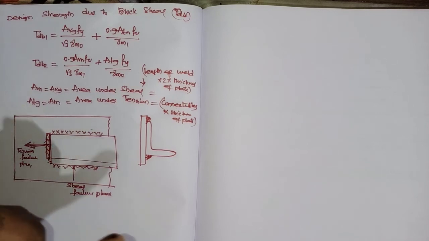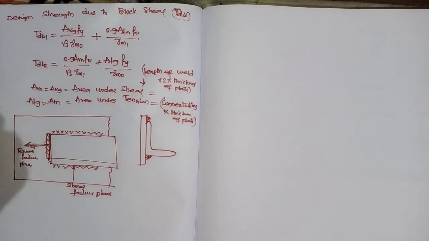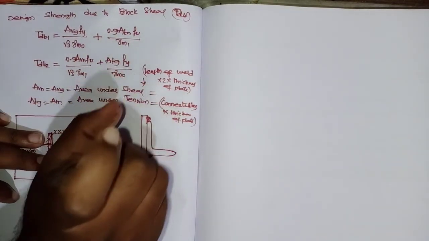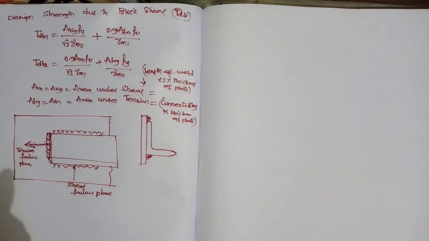Whereas in riveted and bolted joints, we make holes for connecting the tension member, so we deduct the holes. So the net area will be less than the gross area, and the area available will be less compared to welded joints.